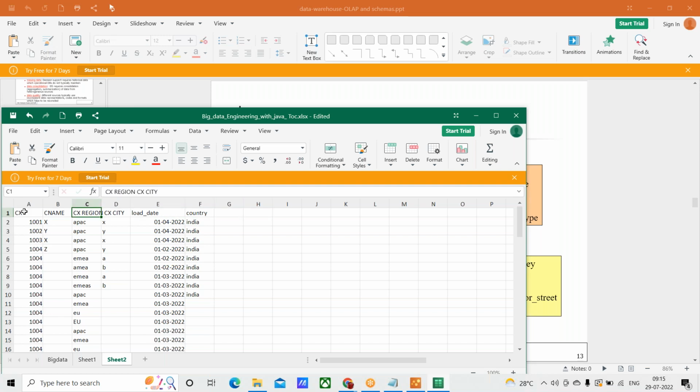Region, city, state, country. For example, state AP. Or I think you take UP, Uttar Pradesh. So let's say out of 100 million, 10 million people are from UP. Then for all those 10 million people, the state will come as UP.